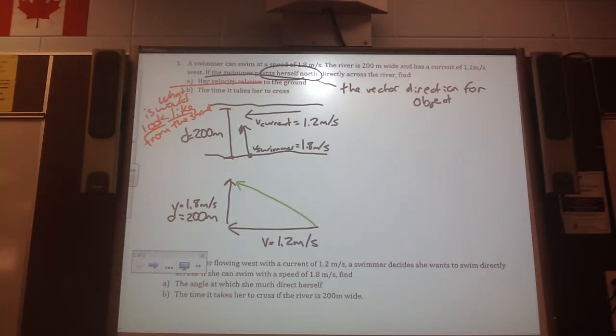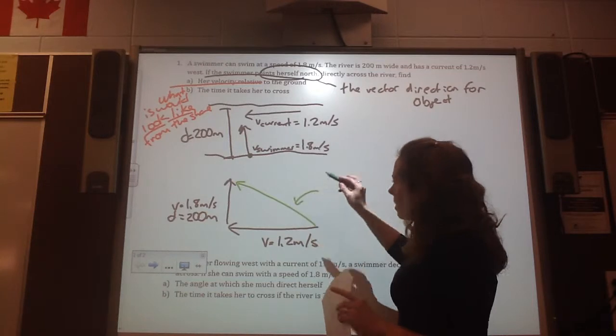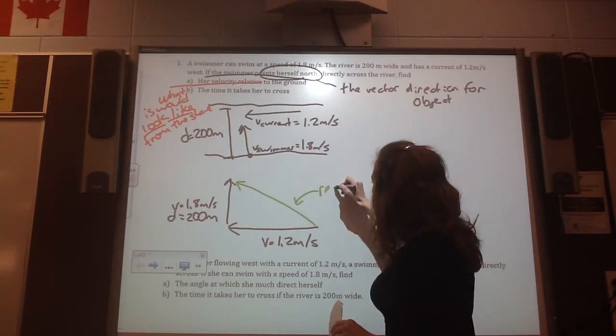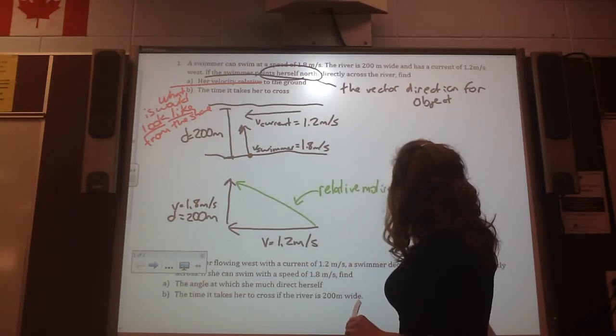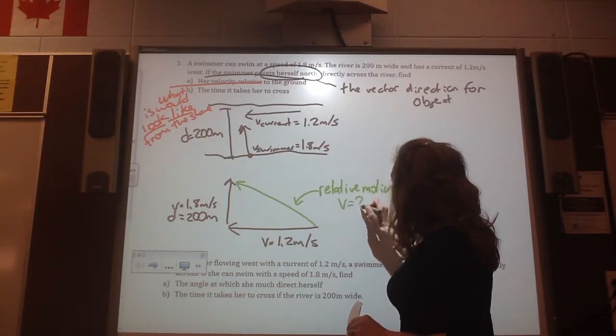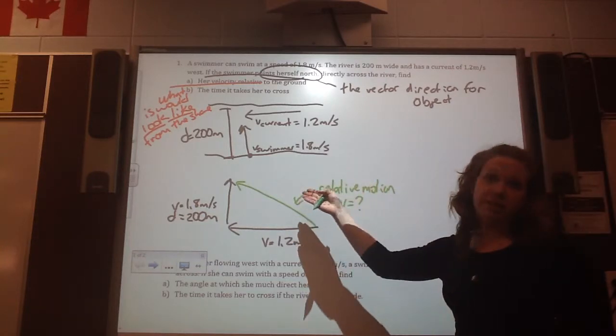Her velocity relative to the ground. Okay, her velocity relative to the ground is this, the green arrow. This is the relative motion. We're trying to find the v of that relative motion, what she appears to be moving at, relative to the shoreline. So, how do we find the v of that line?